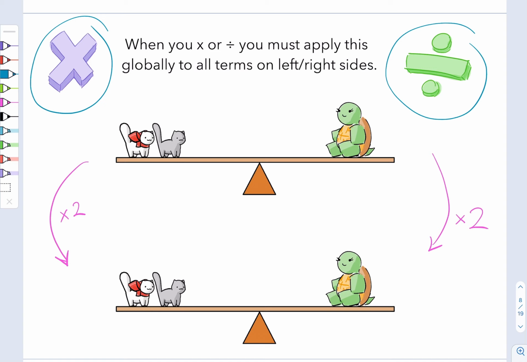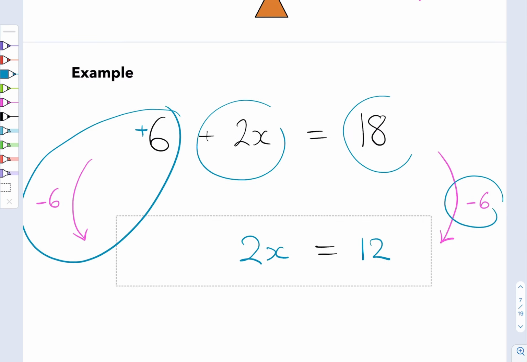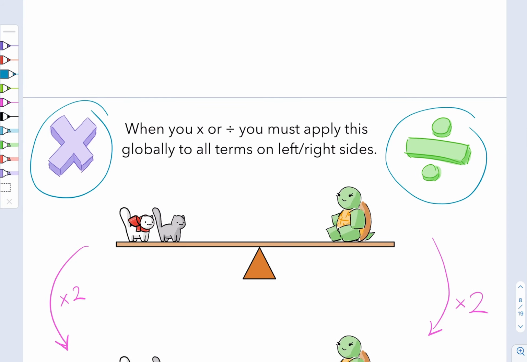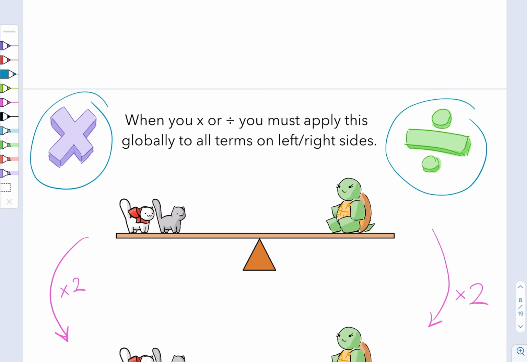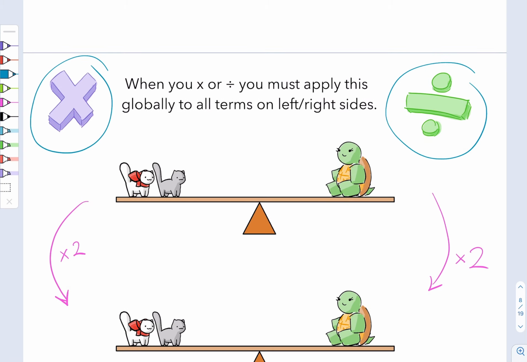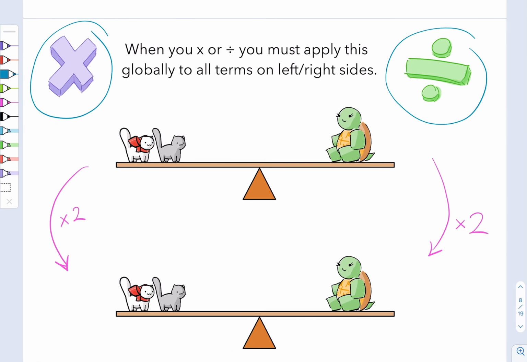And usually this is where students come undone because they are used to adding and subtracting a small chunk to either side. And so they're thinking the same way where they multiply only some of the left-hand side and only some of the right-hand side. And you've actually broken the equal sign because it's no longer equal anymore. So when you do this process, if you have to do it, you must apply it to every term on both sides of the equation.